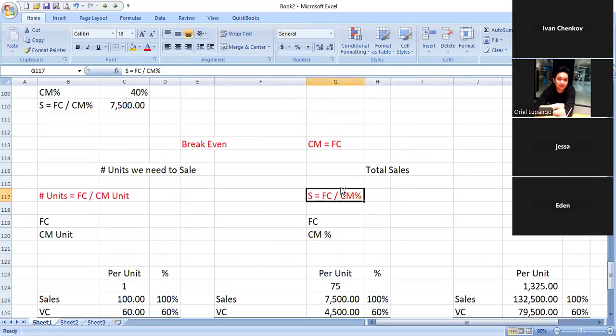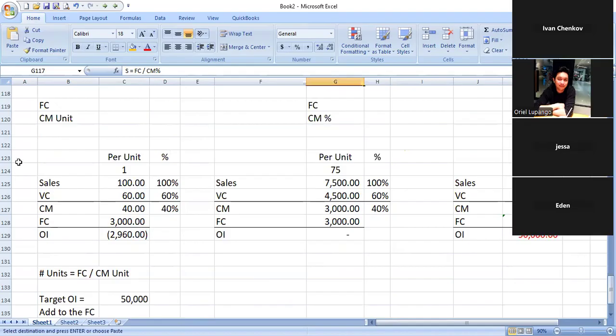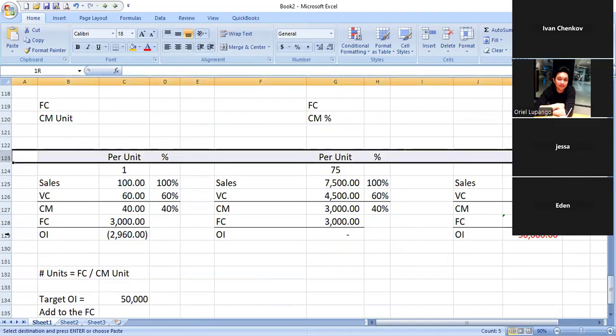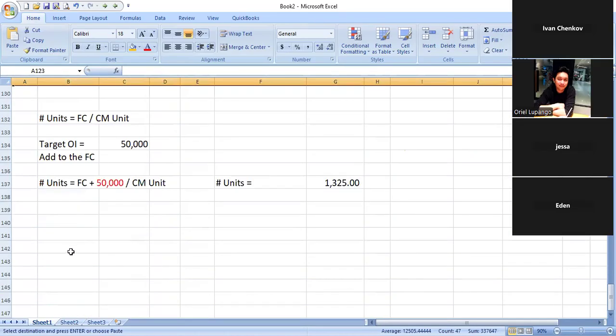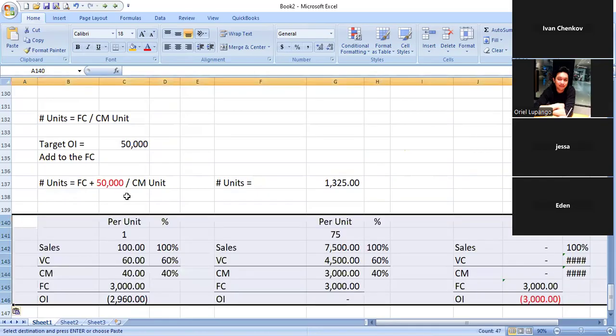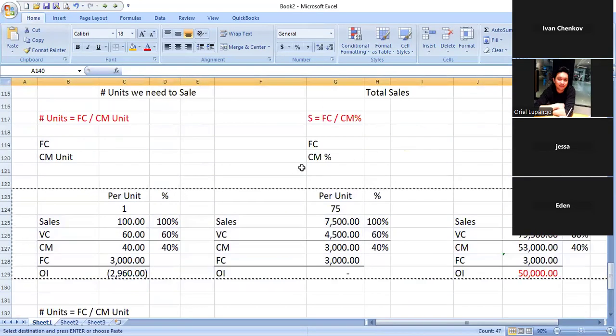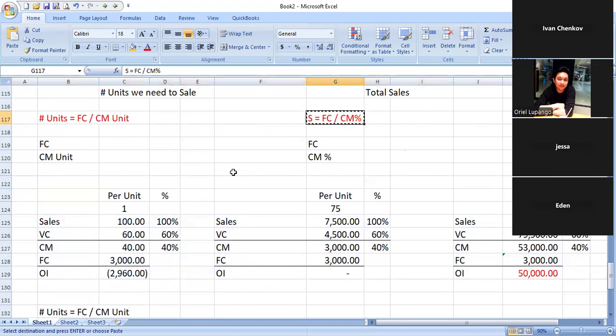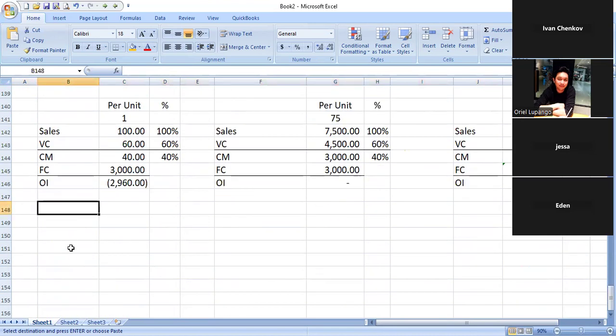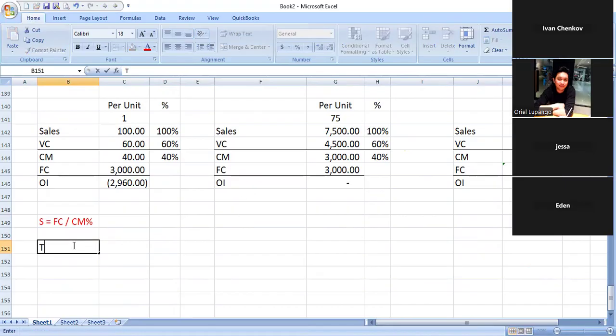Let's test it. Okay. So let's copy this first and paste it here. So the other formula was sales equal to fixed cost divided by contribution margin ratio. Now, how much profit do you want?